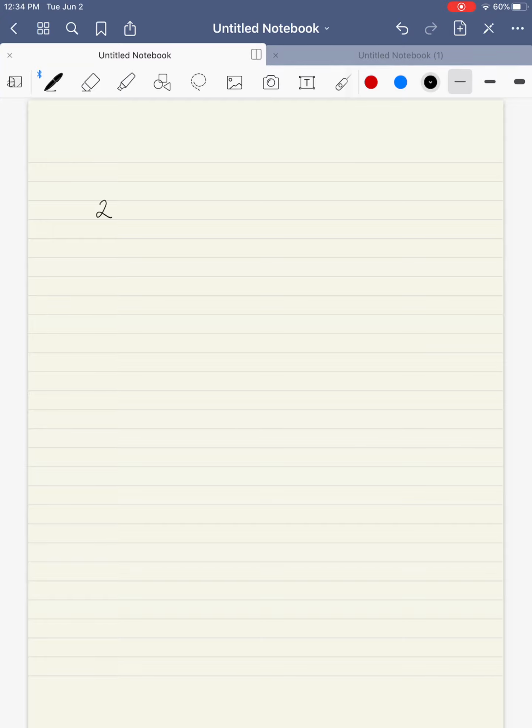So let's say that I have an equation that looks like this: 2x plus 5y equals 11. If I tried to find my x and y intercepts, I'd end up with fractions, 11 halves and 11 fifths, and those would be difficult to graph.